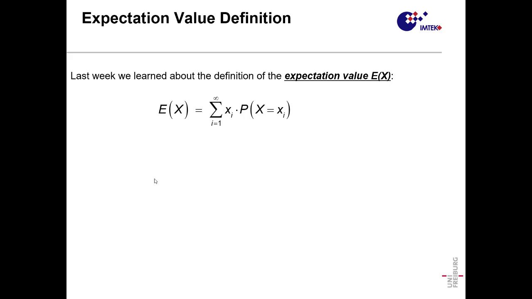We have the die: if you toss the die, you can have a 1, 2, 3, 4, 5, 6, and the probability that any one of these faces shows up is 1/6. So you multiply 1 times 1/6 plus 2 times 1/6 and so on, and then you get 3.5, which we saw is not an actual realization. This is particular to the expected value: it's going to be something in between, or a realization itself.